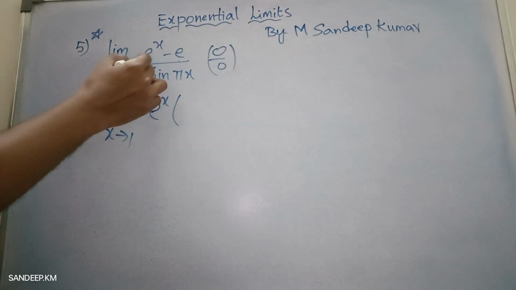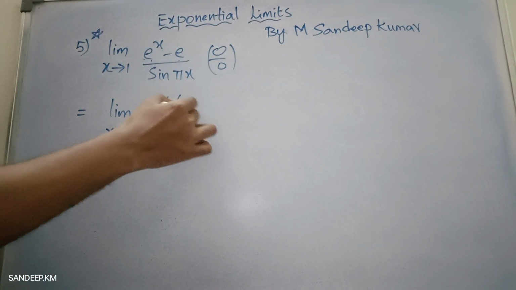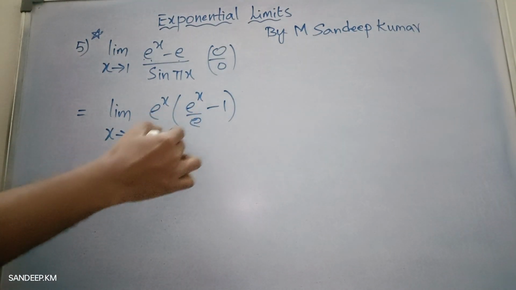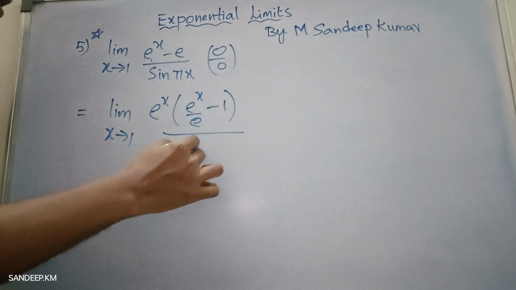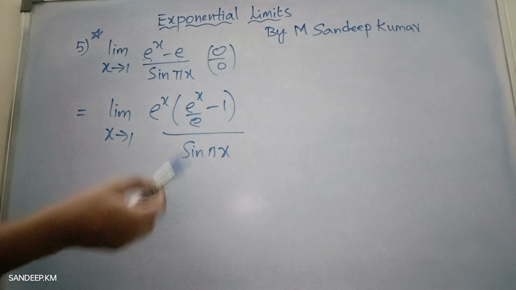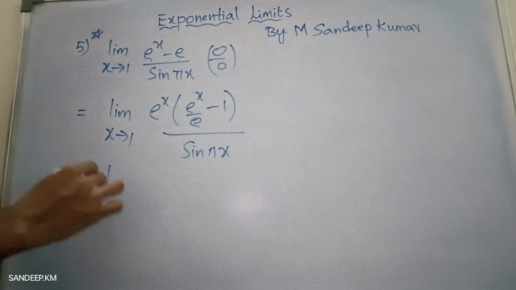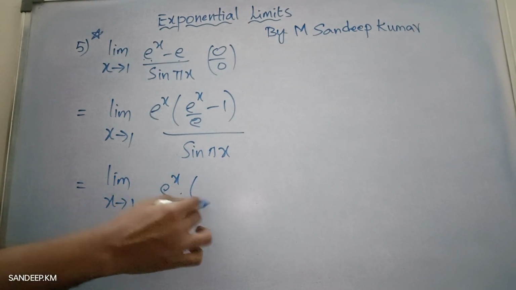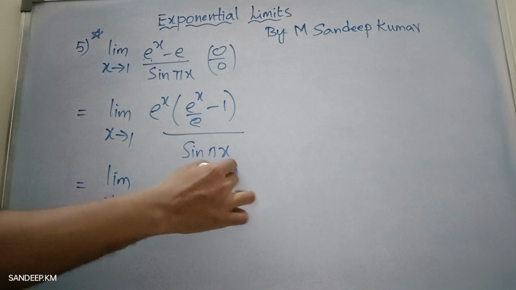Okay now. So when I took e common in these two terms, it becomes e power x divided by e minus 1 whole divided by sine pi x. Let that conversion be done in the next step. Next, limit x approaches 1, e power x into, this will become what? E power x minus 1.